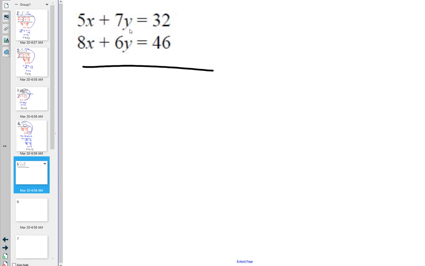What is the least common multiple of 5 and 8? 40. What's the least common multiple of 6 and 7? 42.